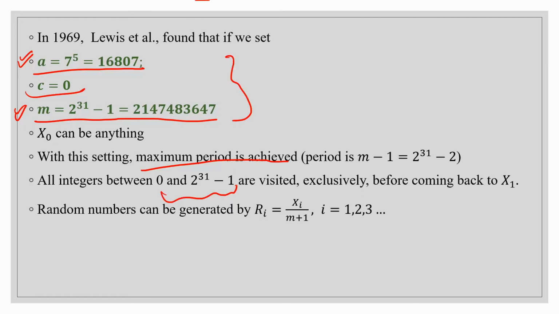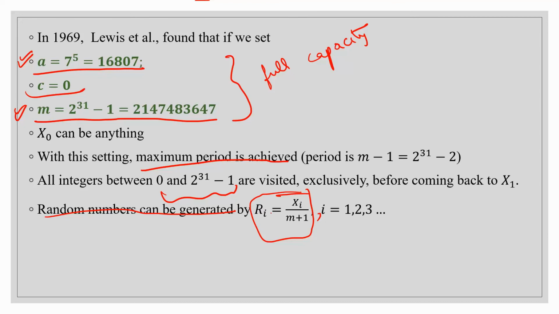So this setting uses the full capacity of a 32-bit computer, and you can generate the random numbers just by dividing x_i by m plus 1. Why is this done? Just to make it simple for the computers to calculate, because a computer does calculations in binary.